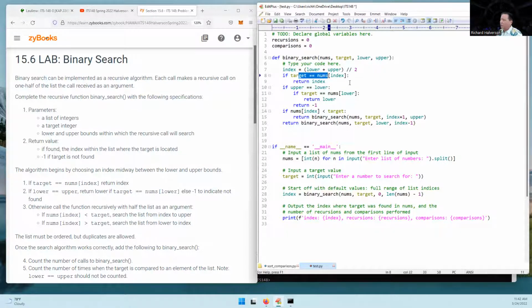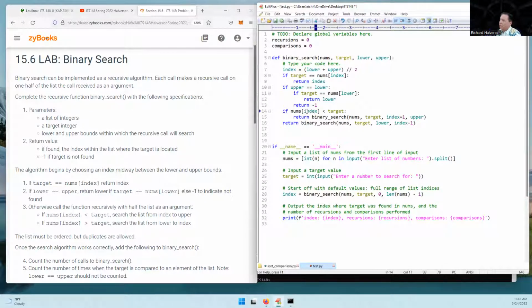If the target is not equal to the index, and there's still room between the upper and the lower, then we are going to figure out if we're going to continue the search in the lower half, the part that's less than index, or in the upper half, the part that's higher than index.